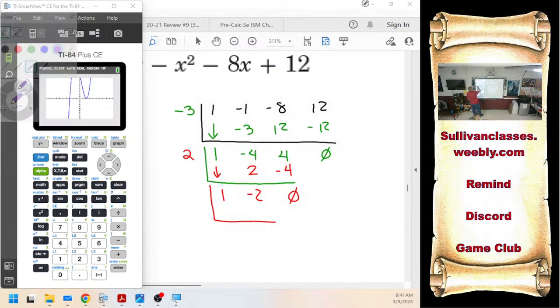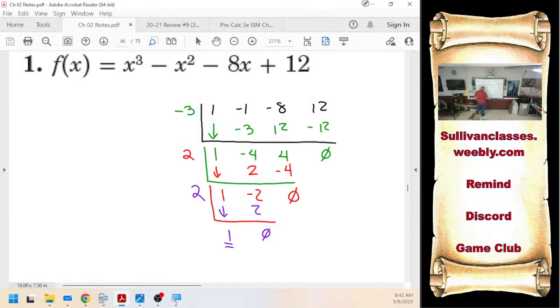And then, for some reason, I think that 2 might work again. And notice at the end, I get 1. I get that 1 at the end because that means there's no GCF pulled out of any of these factors.